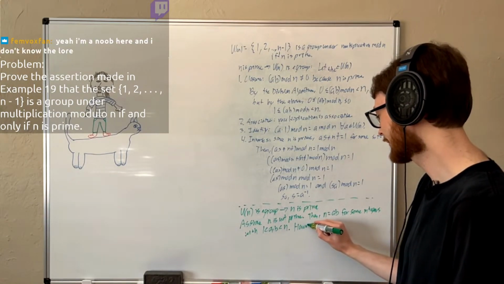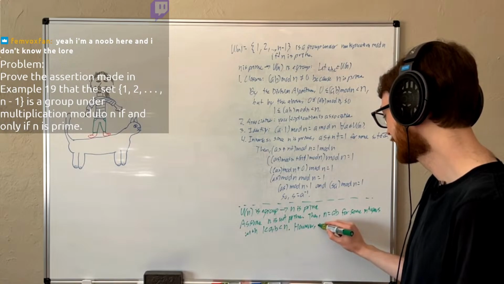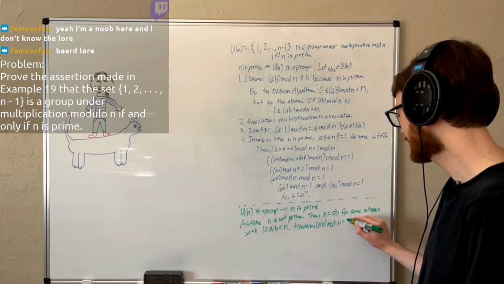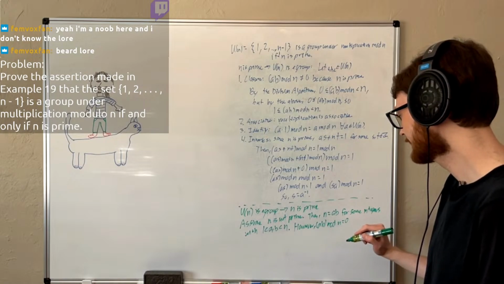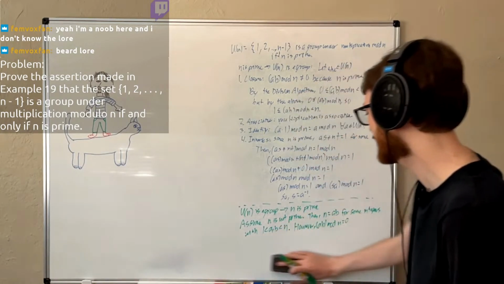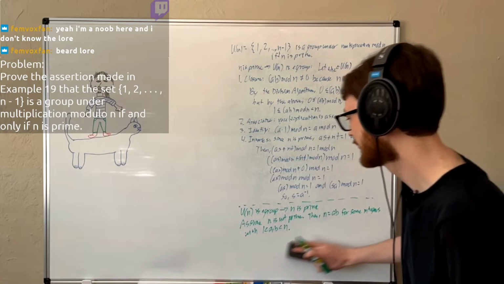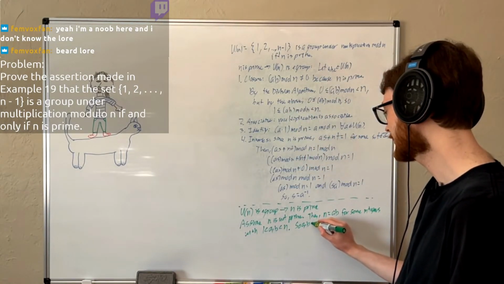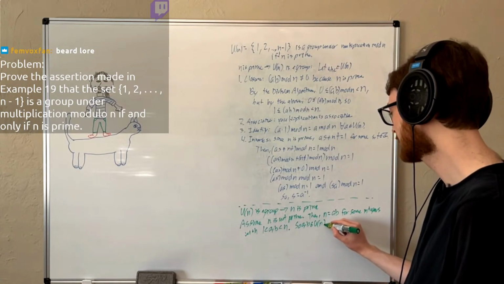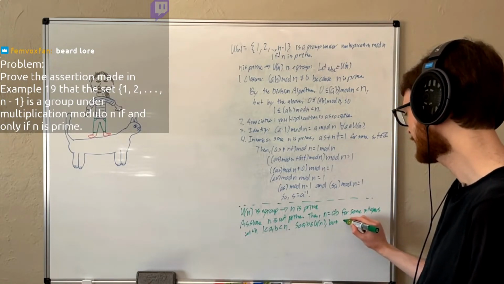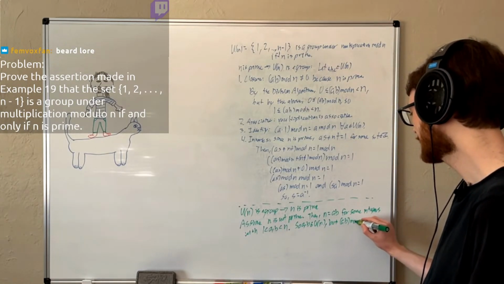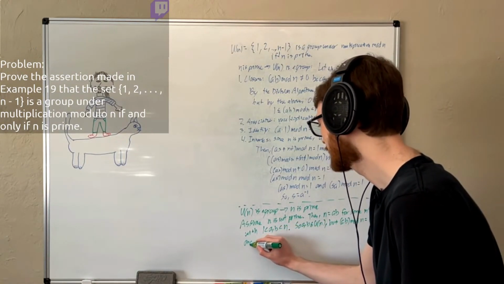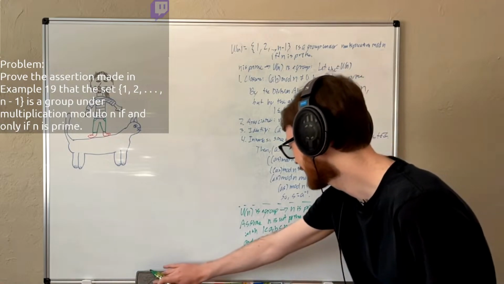Use all my proof words. However, a b mod n equals 0. Oh wait, no. I could say, so a and b belong to U of n, but a b mod n equals 0. And 0, that's theta.